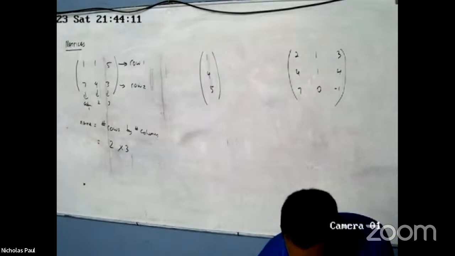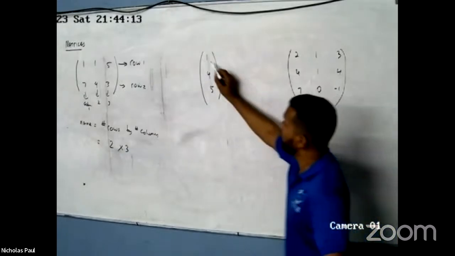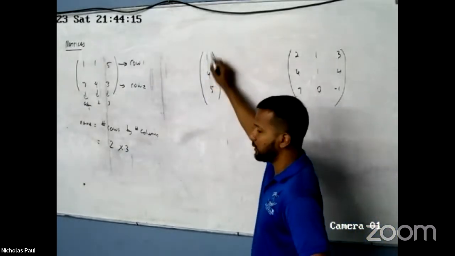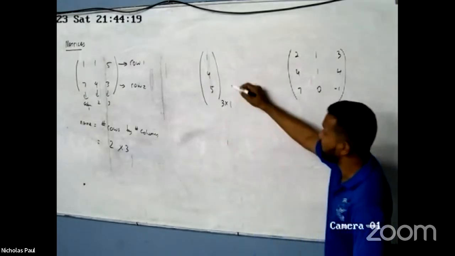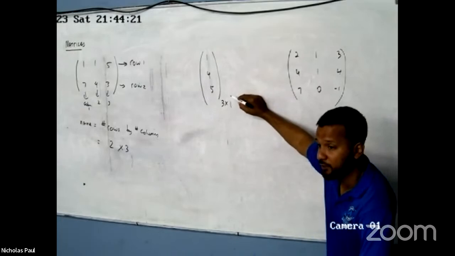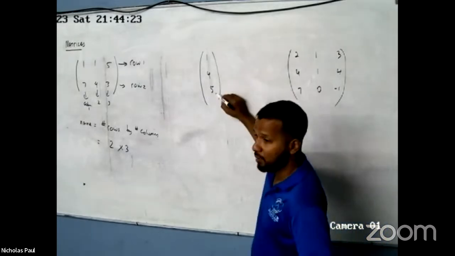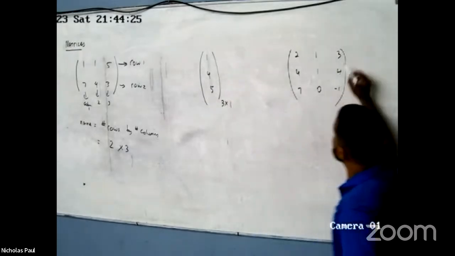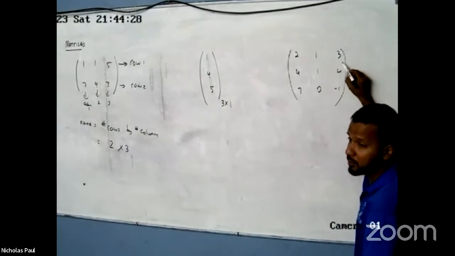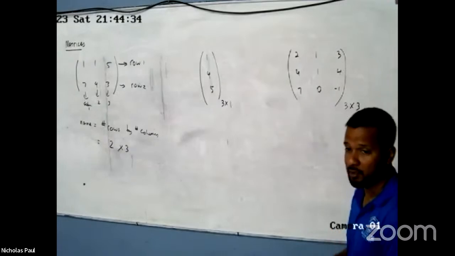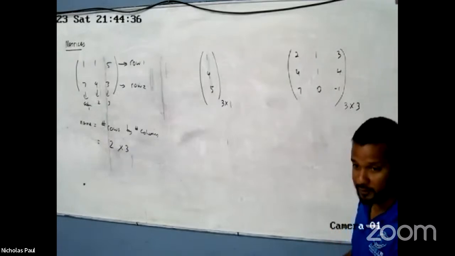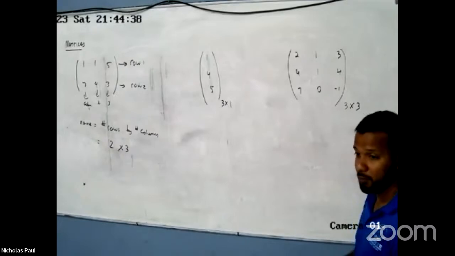So you have 3 rows, 1 column. That's 3 by 1. This is also called a column matrix. And this here is a 3 by 3 matrix, also called a square matrix. Are you okay with that?